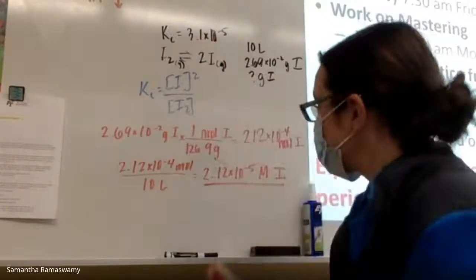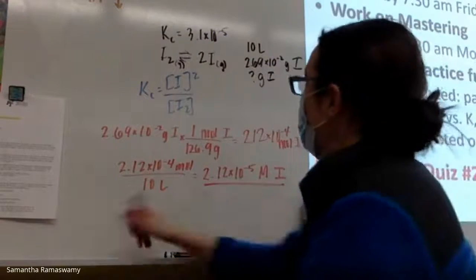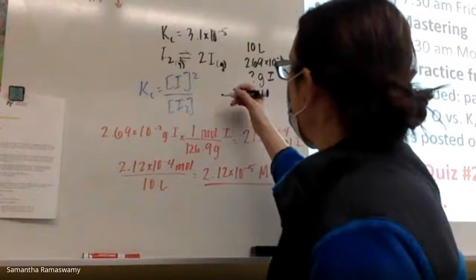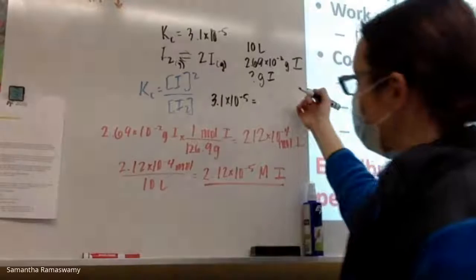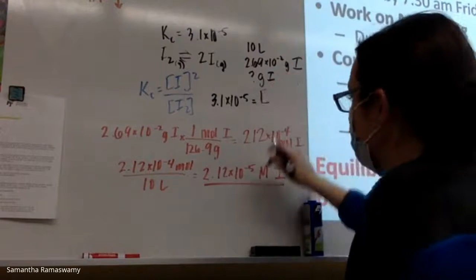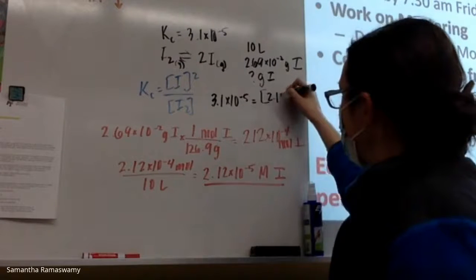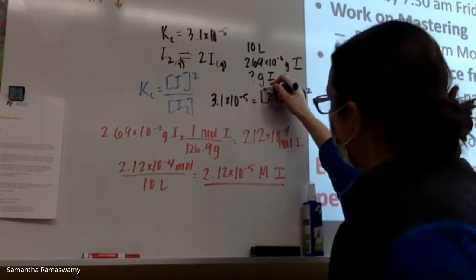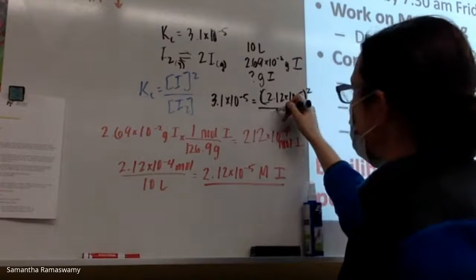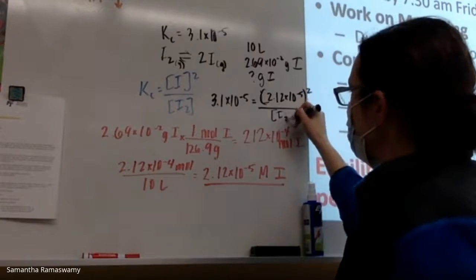Here's Kc. I have 3.1 times 10 to the negative fifth is 2.12 times 10 to the negative fifth squared over I2. And we have to solve for the concentration of iodine.